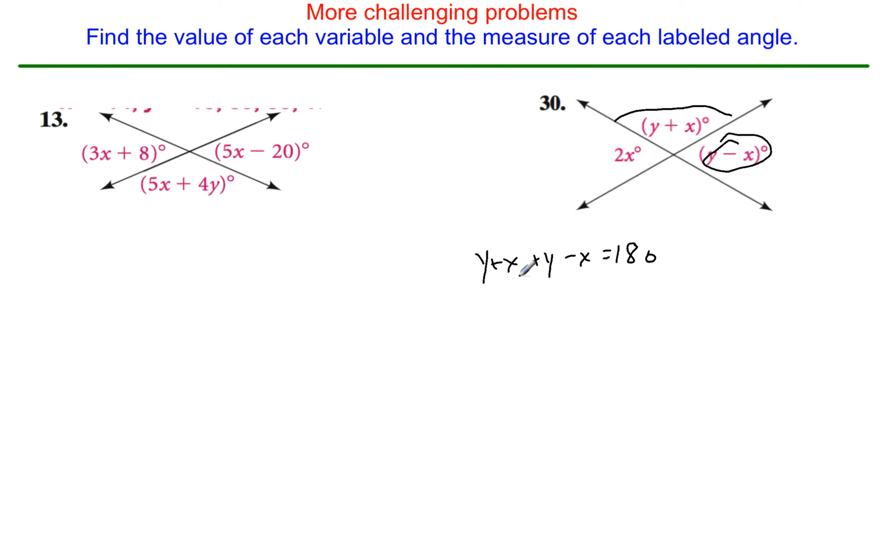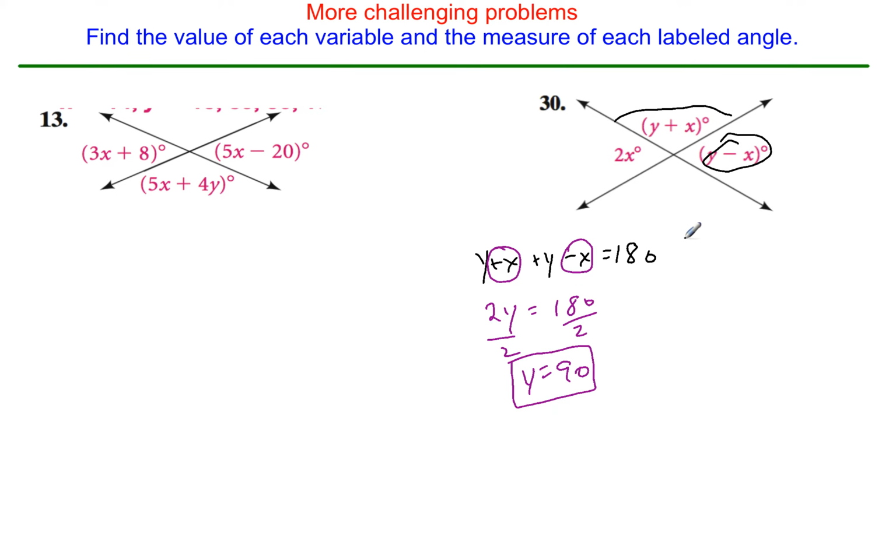The reason this is nice is because I have a positive x over here and a negative x over here, which cancel each other out. So I've got 2y is equal to 180. If 2y is equal to 180, when I divide both sides of my equation by 2, I get y is equal to 90. Now we're not saying that an angle is 90, we're just saying that y is equal to 90. Remember, I need to find the value of both variables.